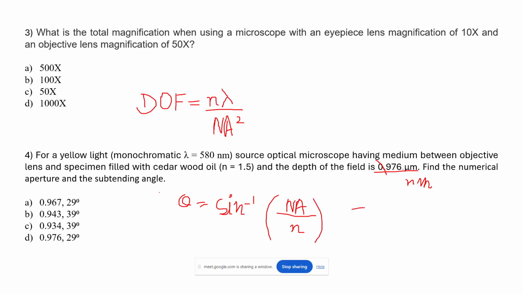So this will be sine inverse of 0.944 divided by 1.5.